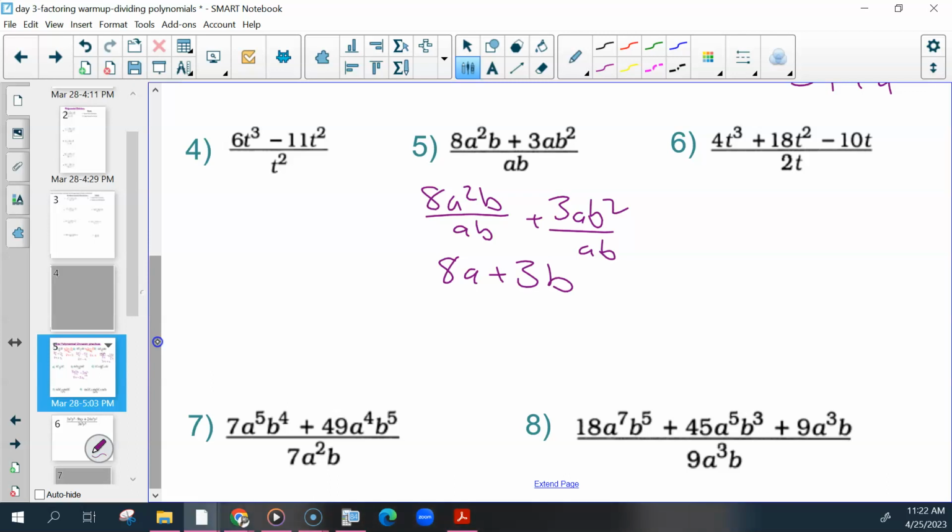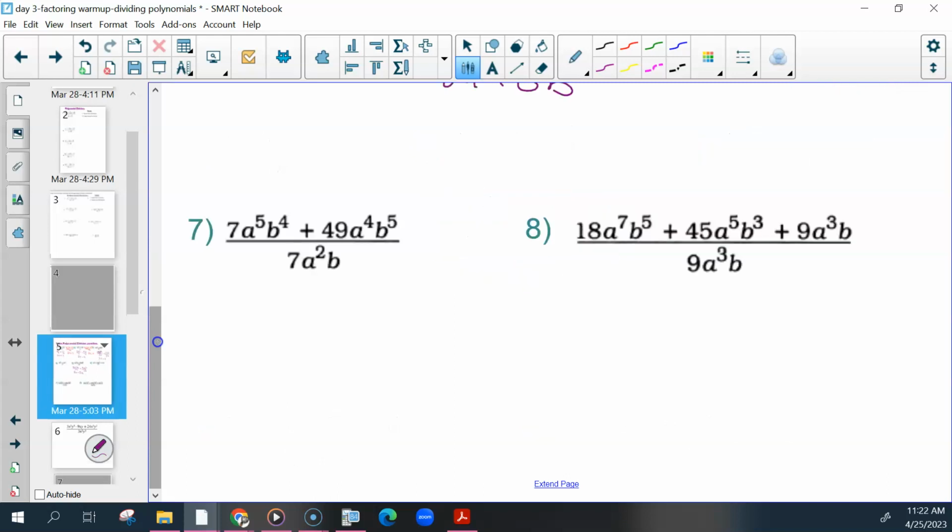Skip down to 7. Splitting or factoring? Okay. We'll do factoring, just so you can see it one more time.